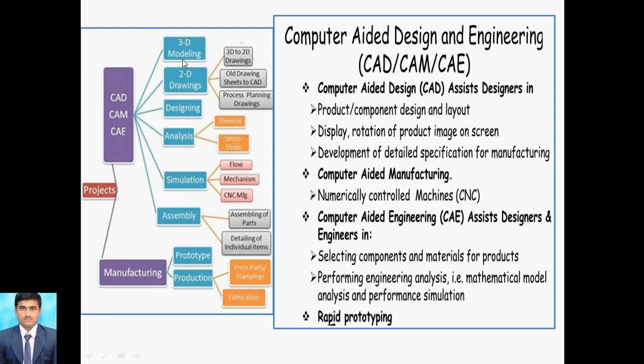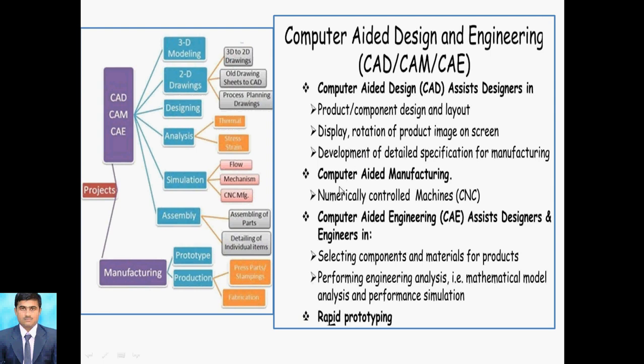With CAD software we convert into 3D modeling and 2D drawings, and these are saved in a particular format. And if there is a requirement from the customer, you can change the drawings directly. So this will be a major impact. That's why it is an important factor for computer aided design.